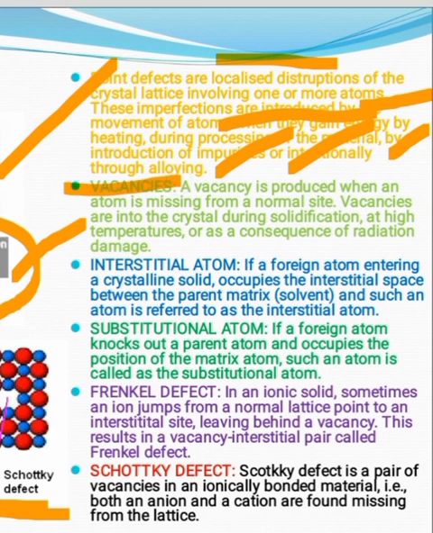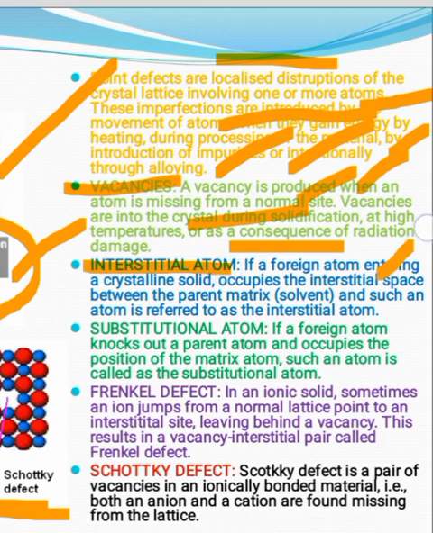Vacancies. A vacancy is produced when an atom is missing from a normal site. Vacancies are introduced into the crystal during solidification, at high temperature, or as a consequence of radiation damage. Interstitial atom.